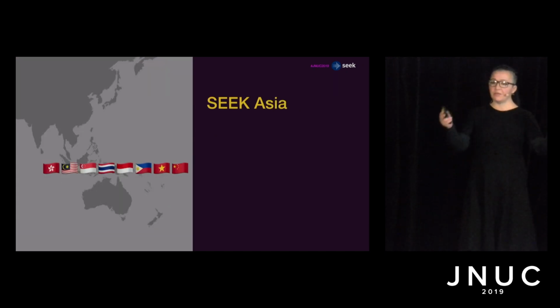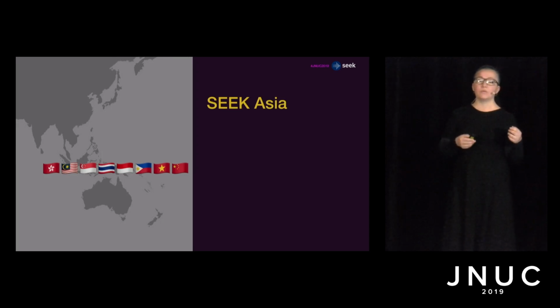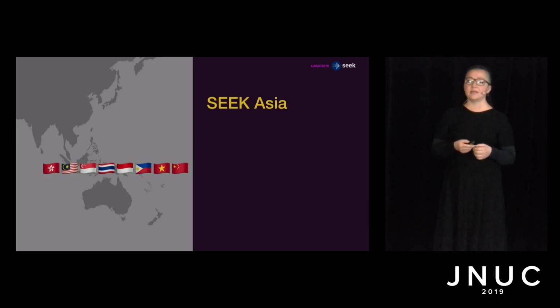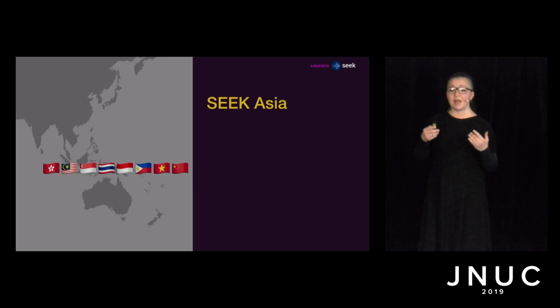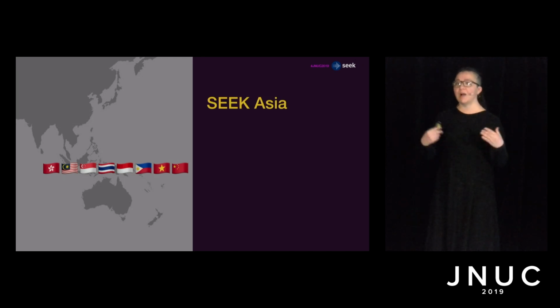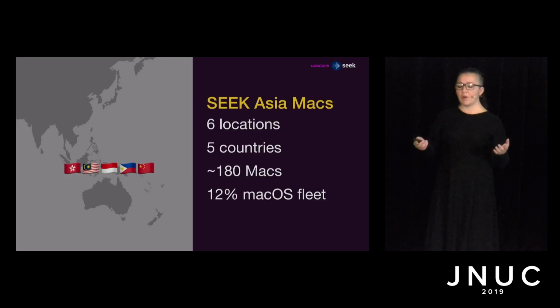So the first phase of the Seek API rollout involved working with our Seek Asia colleagues in sharing resources and experience and infrastructure. And it was really good timing that at the same time that this was happening, they were looking to finally manage their 180 Macs. The Macs were spread across 6 locations in 5 countries in a completely unmanaged state.